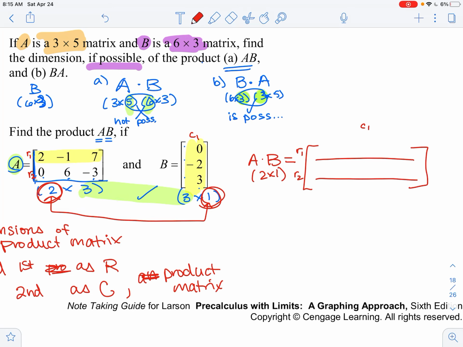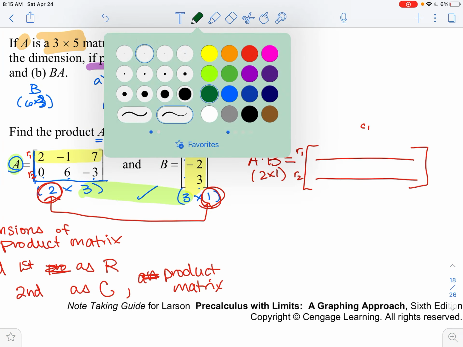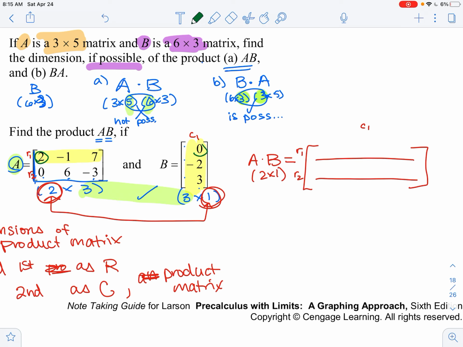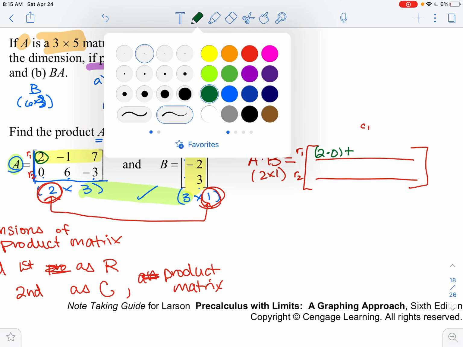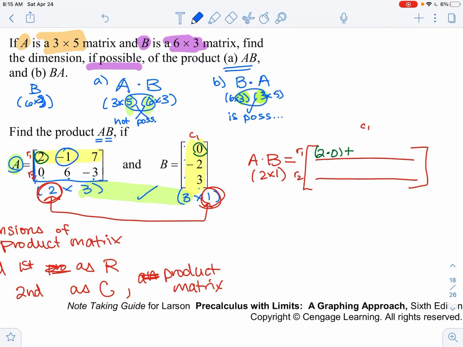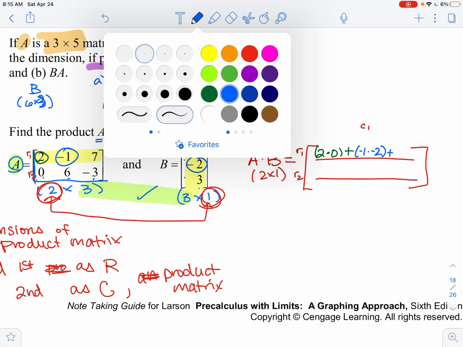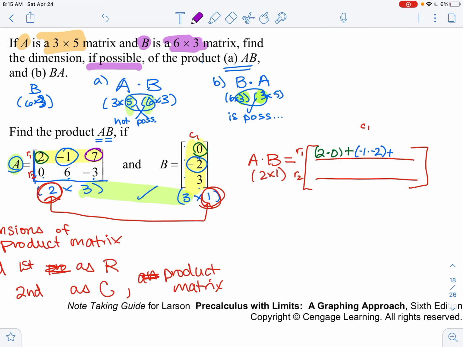And here's how we do it. 2 times 0 plus negative 1 times negative 2 plus 7 times 3. Okay, and we'll simplify that down, but we're going to do the next one.